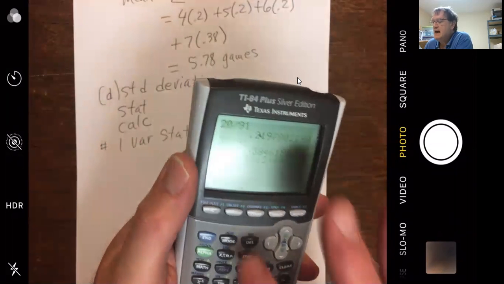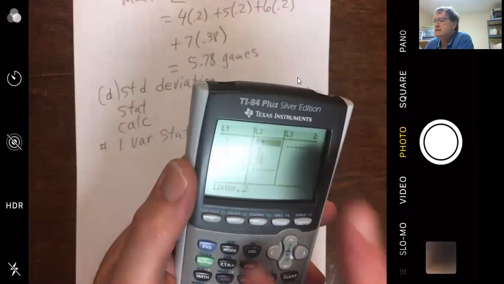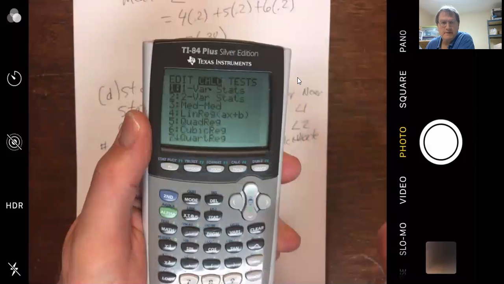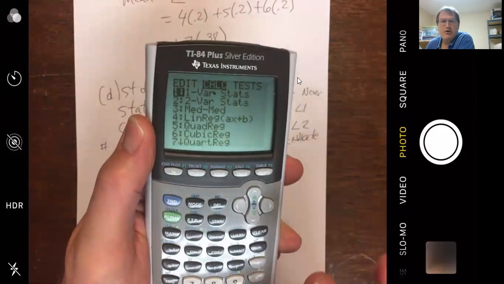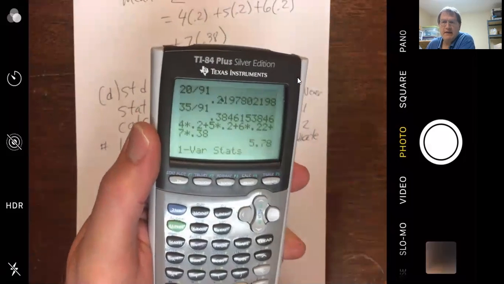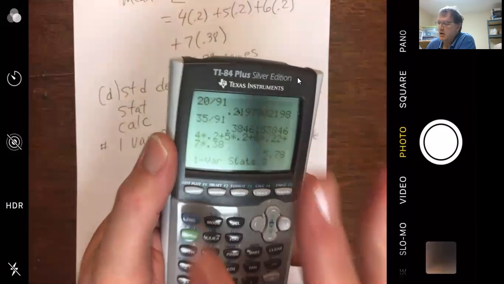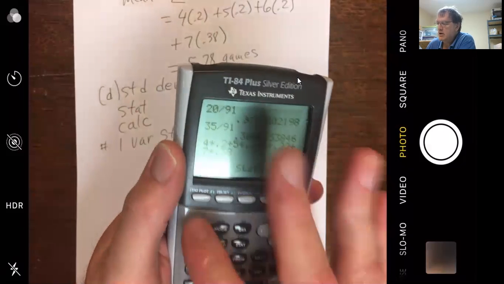All right, so let's see, stat and edit. I got all the numbers in. So I go stat, calc, hit enter on one variable stats, but I don't hit enter again. That'd give me chapter 3 numbers, and that's not what I want. I have to go L1 comma L2.